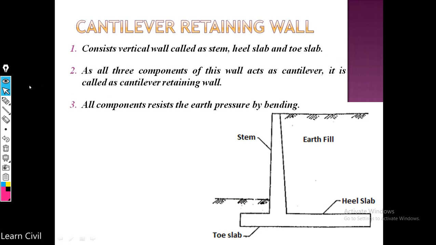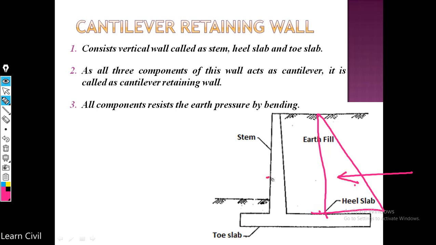Why is it considered a cantilever retaining wall? Because whatever earth pressure is coming on this retaining wall is resisted by the bending action of the wall. You can see here this slab will provide some fixity to the stem, and it will act as a cantilever. The pressure will be something like this, and the final pressure will be like this.